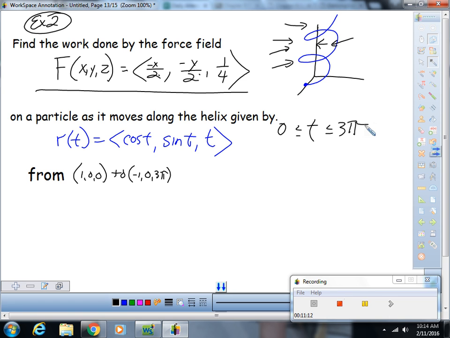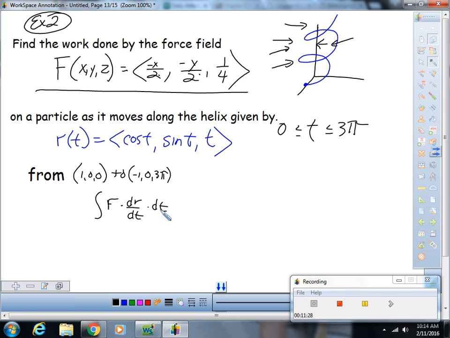Okay, so we want to do the integral of F dot, here's a way to think of this. That's why it's F dot dr. You're taking the derivative of r with respect to t, and then you're integrating that with respect to t, and that's the magic math right there.